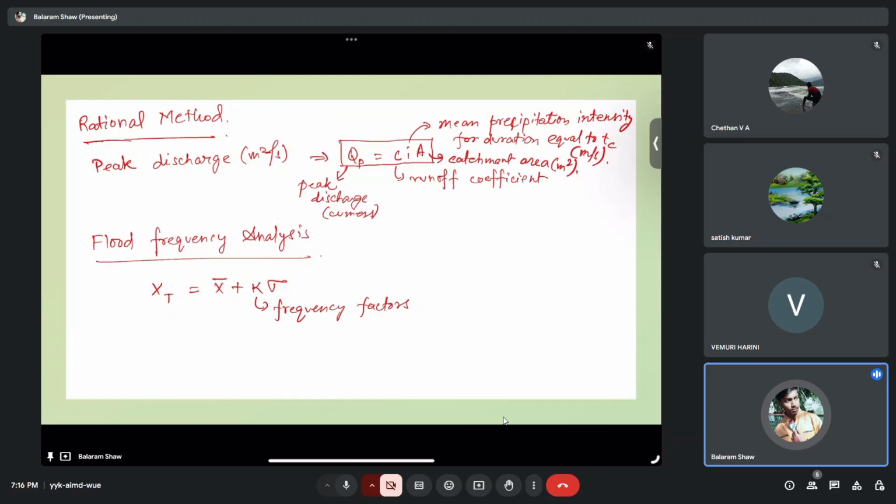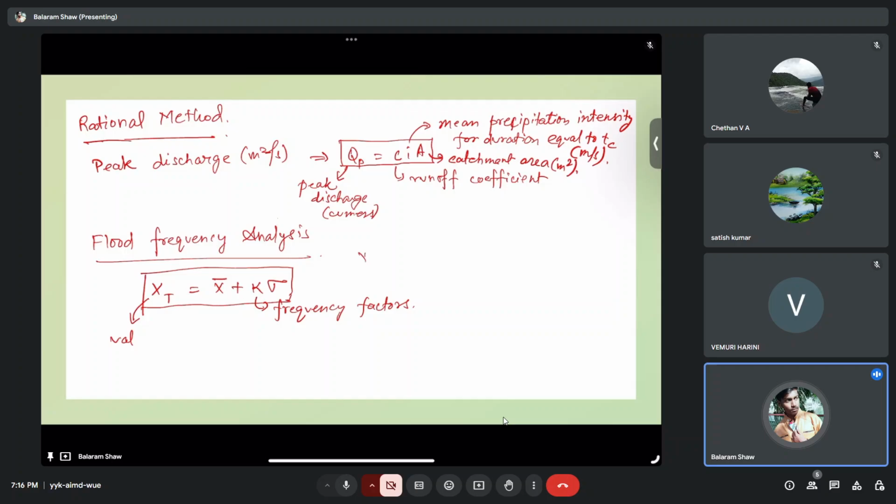What is xt again? Can anyone tell me what is xt? Let's say if x is the flood event, then xt will be the value of flood for a t-year return period. I'm not explaining the return period because we have discussed it several times.